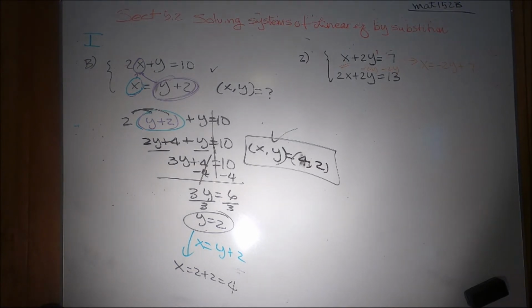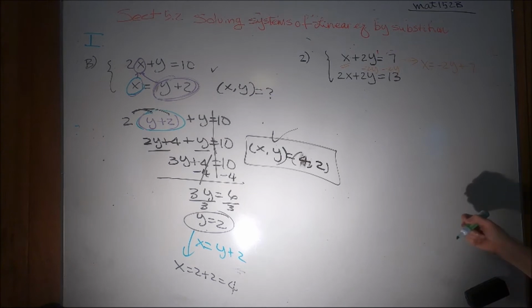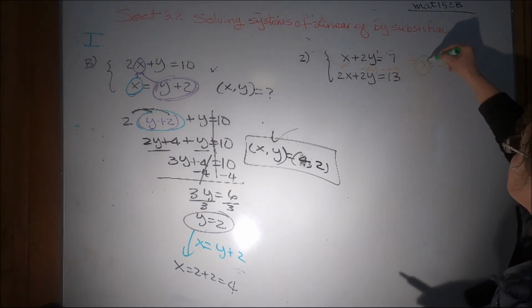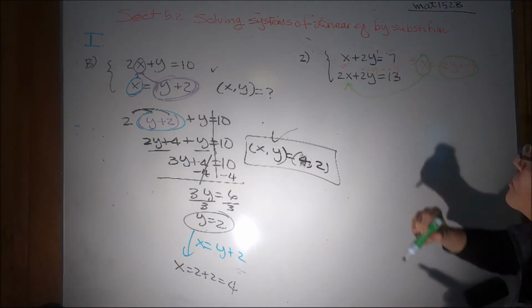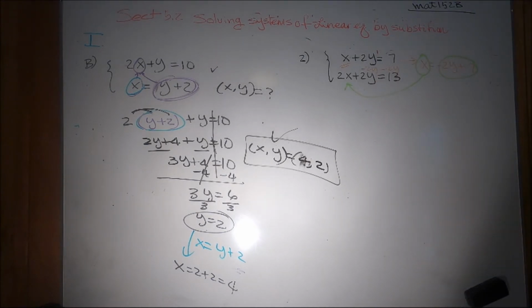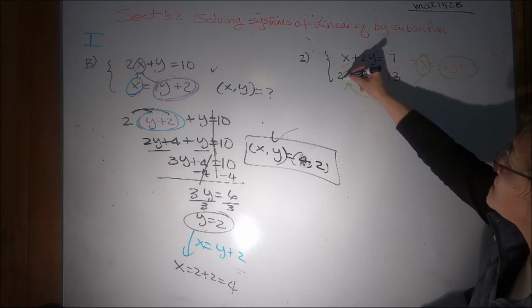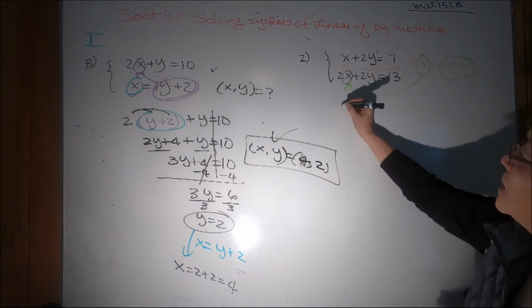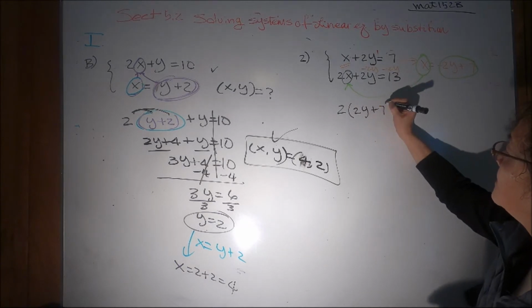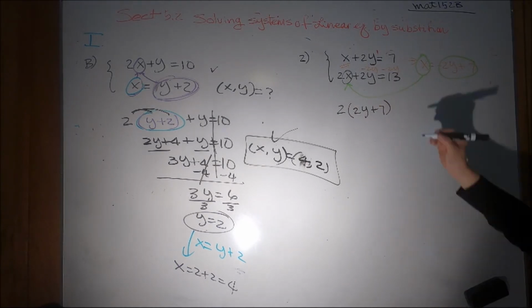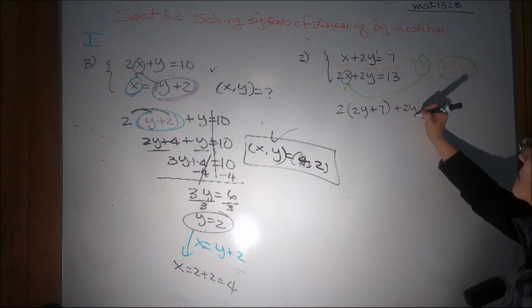Then what do we do after that? We can just substitute in. So your x is this, same thing as this one. So you substitute into the other one, right? So your x, replace it by negative 2y plus 7. Copy down those.